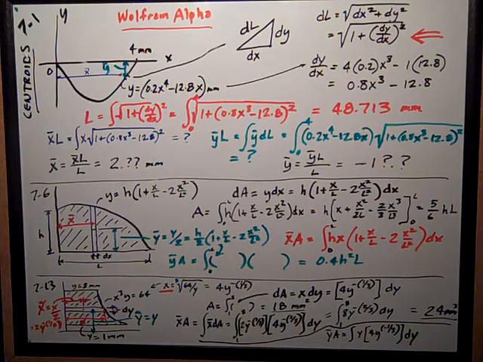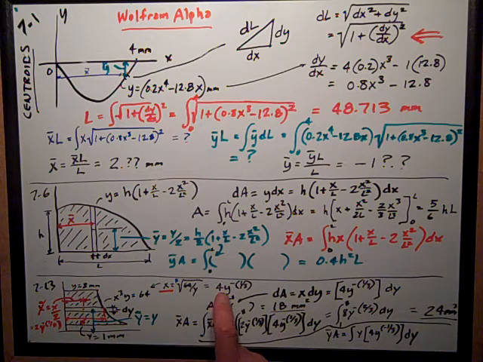Okay, now I want to know x bar A, which is the integral of x bar for the little strip of area dA, x bar dA. So x bar at any location of that strip is x over 2, where x is this, so x over 2 is 2y to the negative 1/3 power.